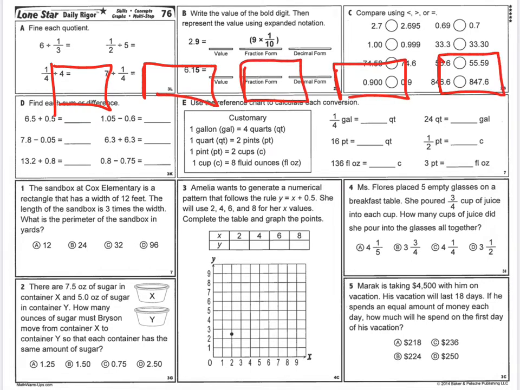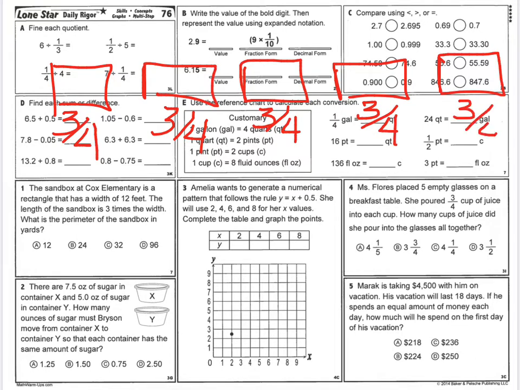Okay, and each glass is going to get 3/4 cups of juice. Okay, and they want to know how many cups of juice did she pour in the glasses all together. So 5 empty glasses, 3/4 into each cup.